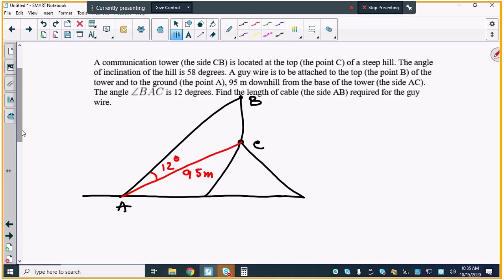So this is the top of the hill, and this angle of inclination from the ground to the top of the hill is given as 58 degrees.